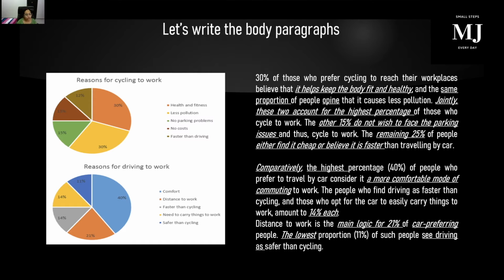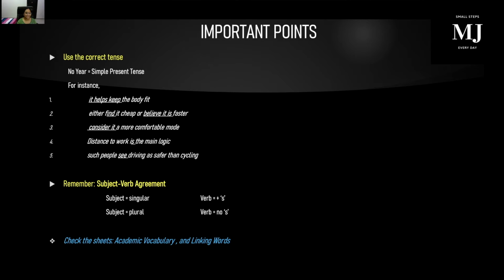Because if you look at the question and the charts, you will see that there is no year that is mentioned. So, by the logic, if there is no year that is mentioned for the bar chart, the pie graph, the pie chart, anything, please understand no year is equal to simple present tense. I have told you about this when I was doing, I think, the bar chart thing. Okay? So keep that in mind. Along with that, of course, the subject-verb agreement, we see that in introduction. Okay? Now let's move ahead, guys.